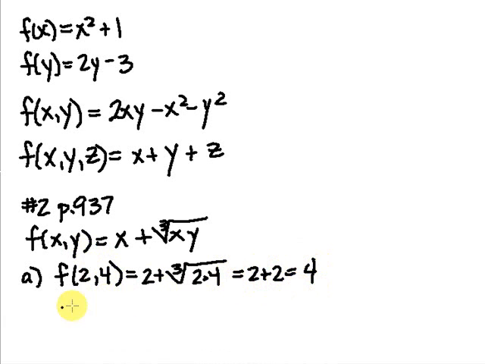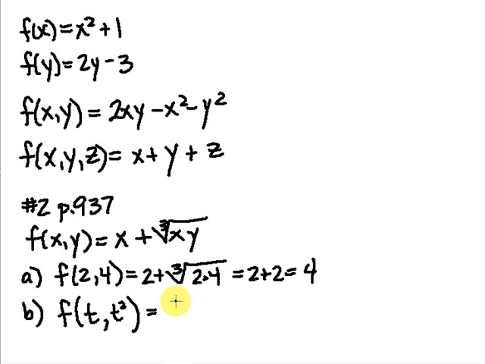Let's try another one. Composition of functions will occur with functions of more than one variable, just as they have in the past. We're going to look at those in more detail, but just to mention that this sort of is a composition of functions in that we're plugging two functions in for our x and our y. We're plugging t in for x and we're plugging t squared in for y when we say find f of t comma t squared.